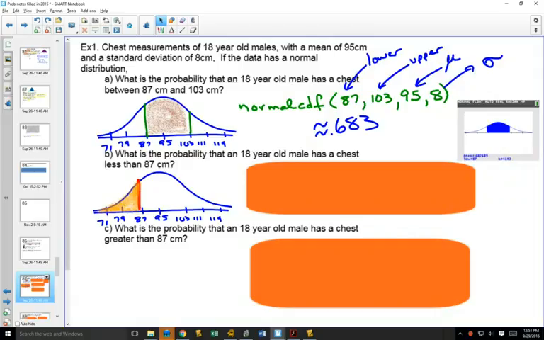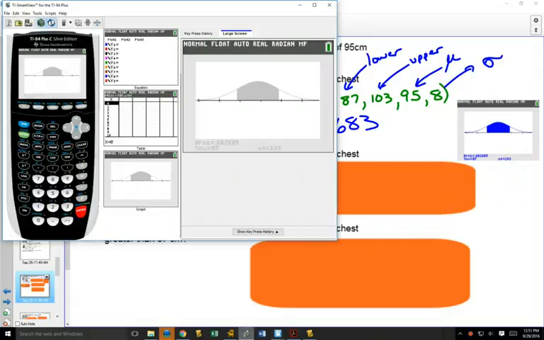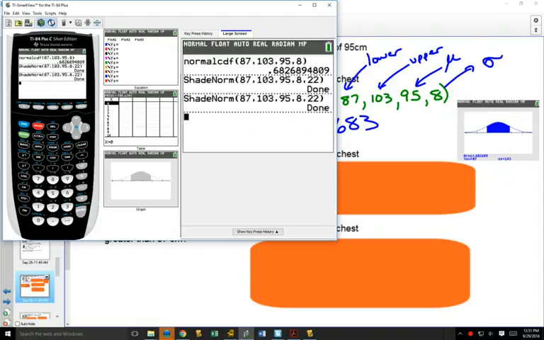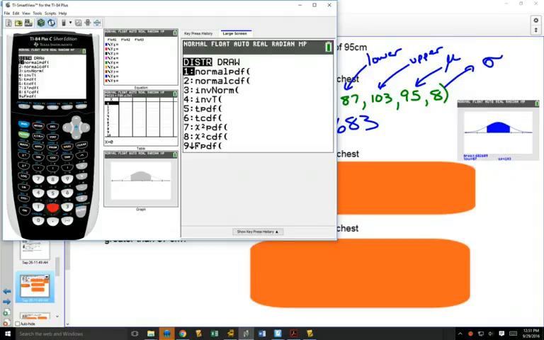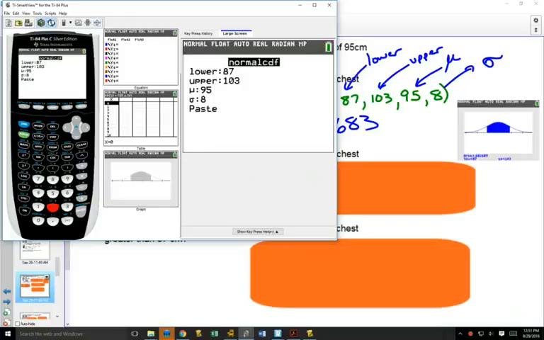So now when we go to our normal CDF to calculate this, when you went to it the first time, you might have noticed that the lower value had a negative 1 e to the 99.